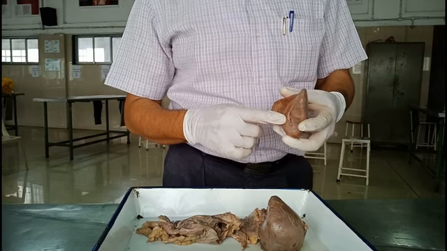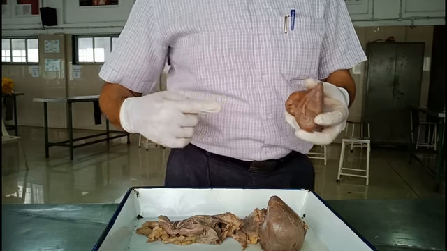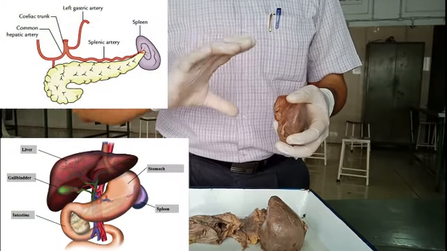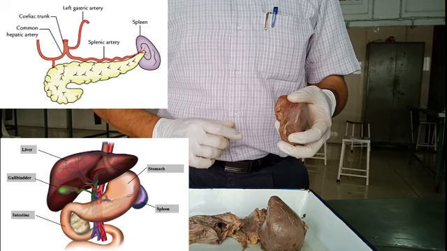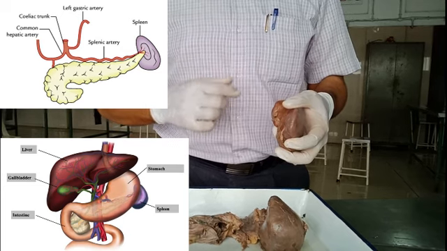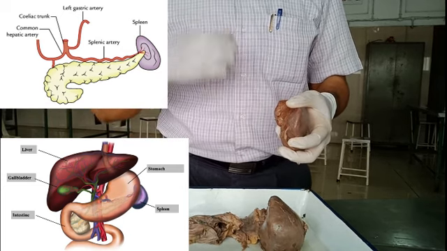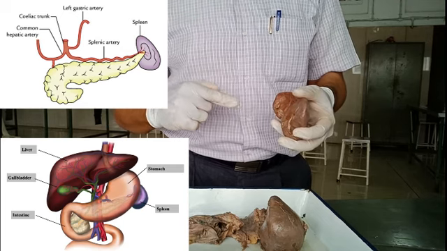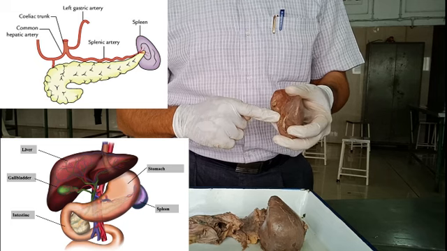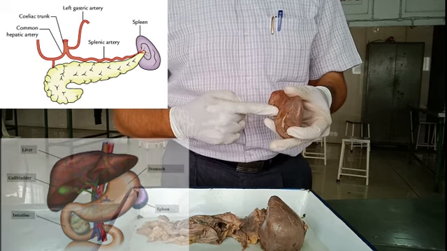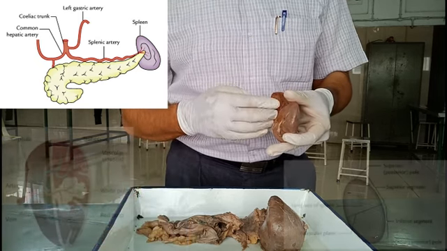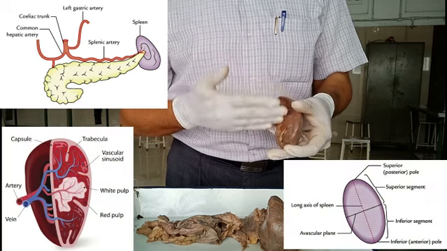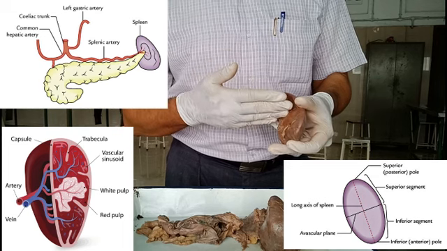Regarding the arterial supply, we know the spleen is supplied by the splenic artery. If you imagine here, spleen, pancreas, the stomach, the kidney, here we will get the abdominal aorta and vena cava in front of the vertebral column. From the celiac trunk the longest branch comes, the splenic artery, through the lienorenal ligament, and after entering the spleen it divides into superior and inferior branches, keeping an avascular zone in between.